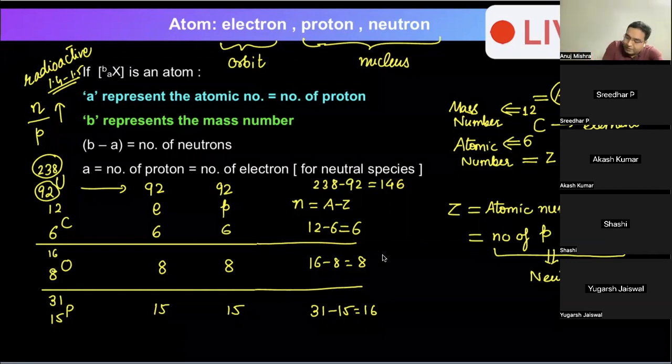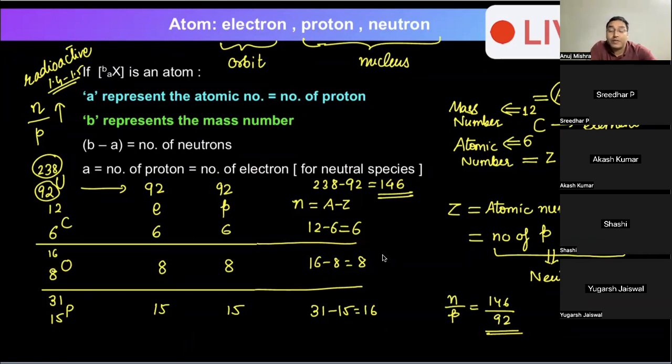It is 146. So what is the N upon P value? It is 146 divided by 92. That is definitely coming in the range of 1.4. That is a property of a radioactive element.